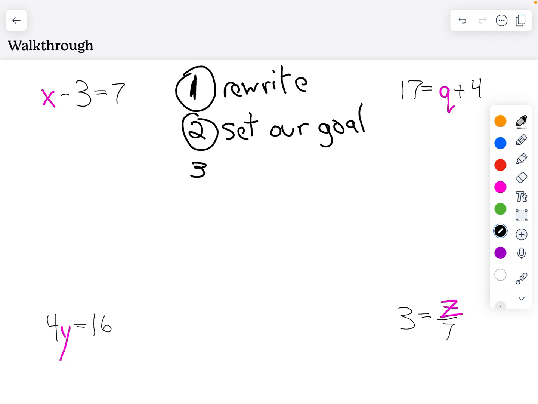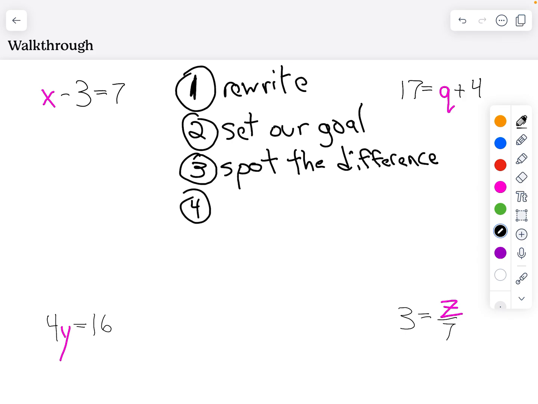And then you are going to spot the difference. And some of this you may be like, I don't understand what this means, and that is okay. I'm here for you. And then the last step is to eliminate the difference.